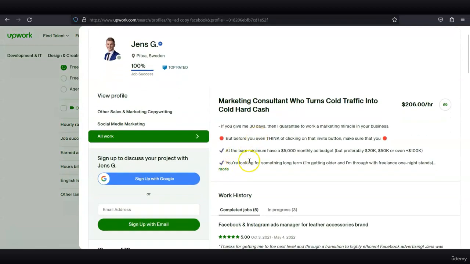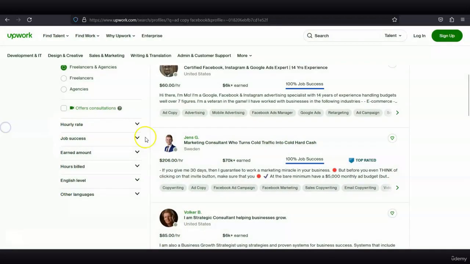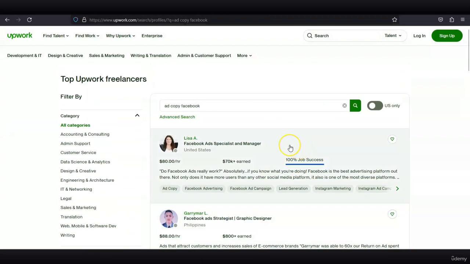So you see there's a lot of room and a lot of opportunity in this space, because advertising and marketing is always popular and every company needs it. Every company needs a good ad copy for their social media platforms, and you can't really go wrong by offering this service.